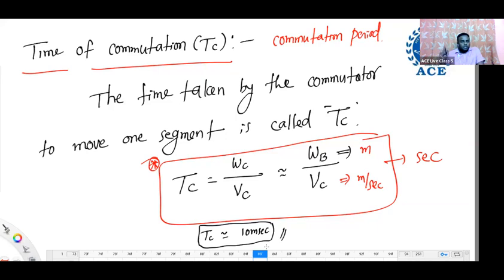If current reversal also completes in the same 10 millisecond, there is no spark at the brush. But practically, the time taken for current reversal in a coil is more than the time of commutation. If you got 10 millisecond, current reversal will take 10.1 millisecond, a little more time. That's why we are getting spark at the brush.